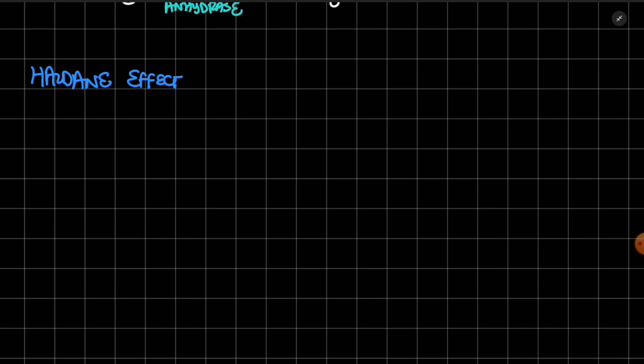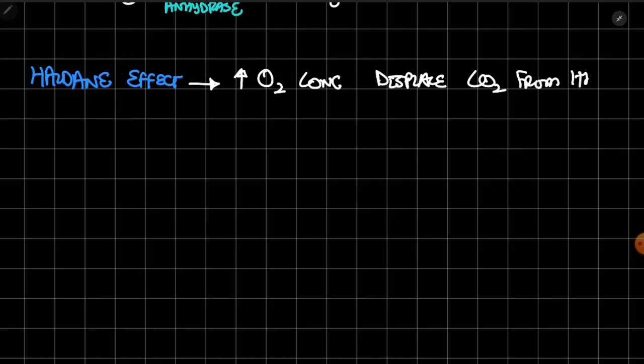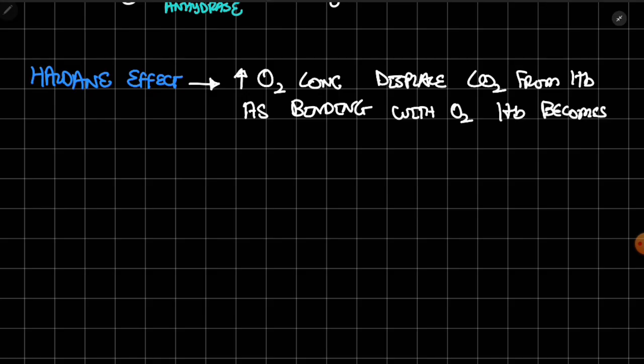The Haldane effect says that an increase in O2 concentration will displace CO2 from Hb, as on binding with O2, Hb becomes a stronger acid.